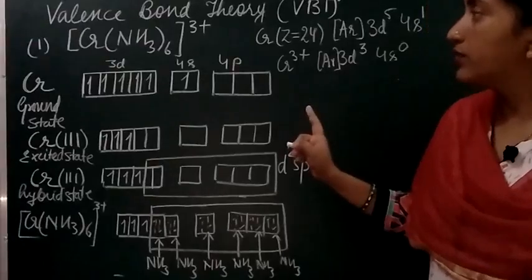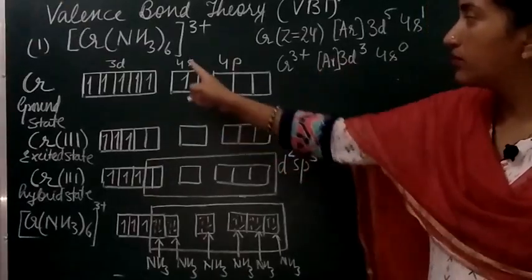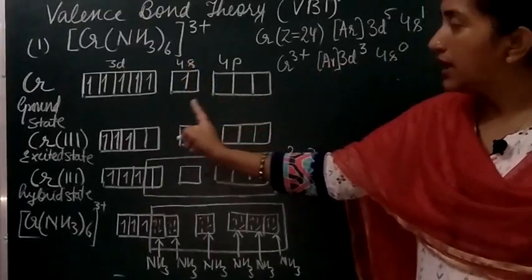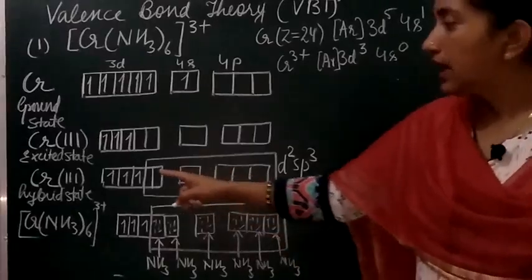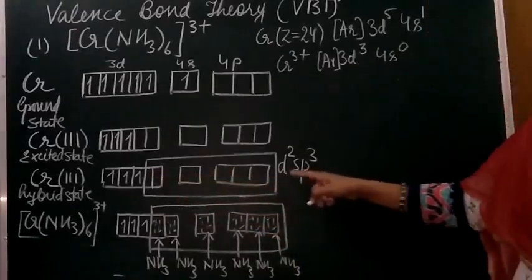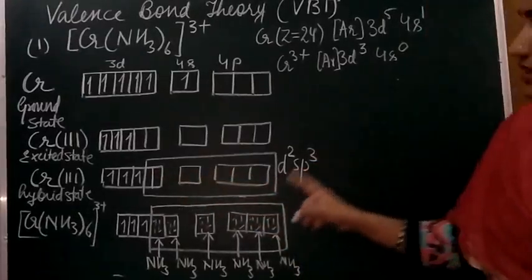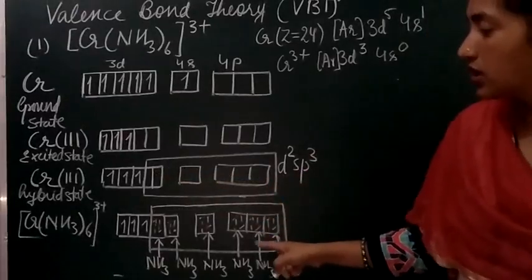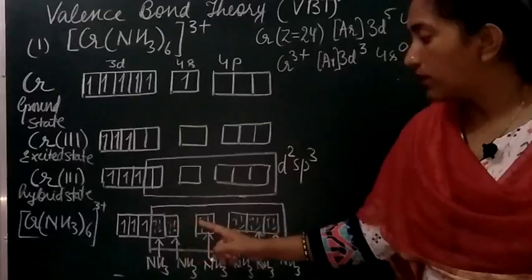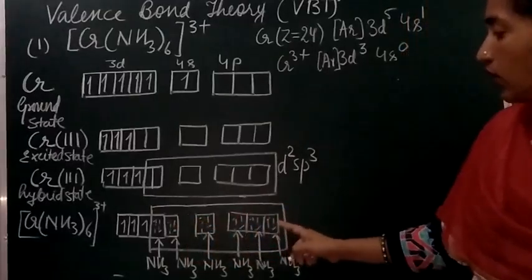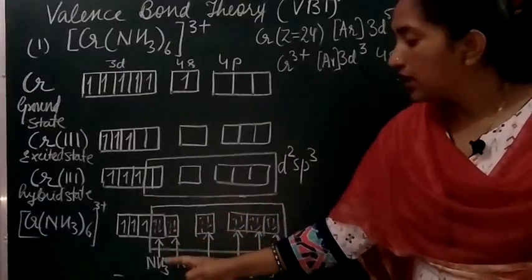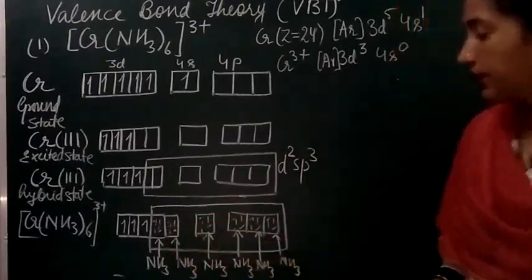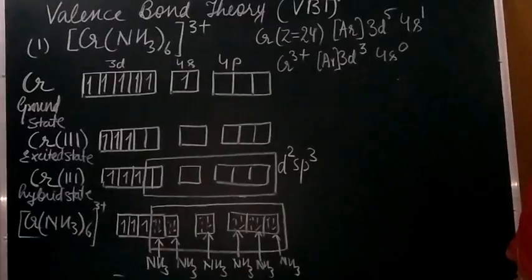Whenever we are removing electrons, we first remove from the outer shell, which is 4s, and then step by step from the 3d. Then the hybridization will take place, it is d2sp3, and then the last step will be showing the complex formation, where each vacant orbital available for the ligand is going to receive its electron pair, and it will form a coordinate covalent bond.